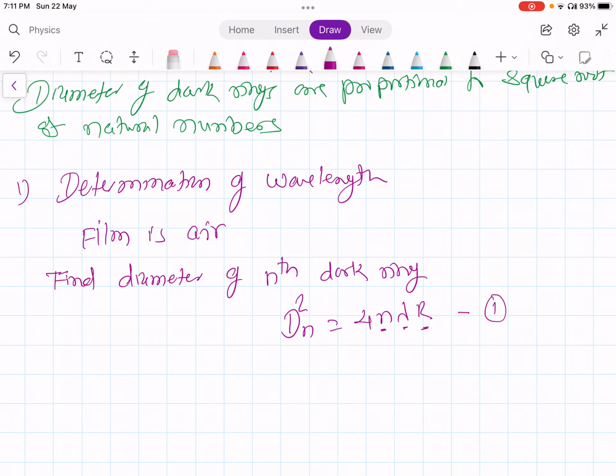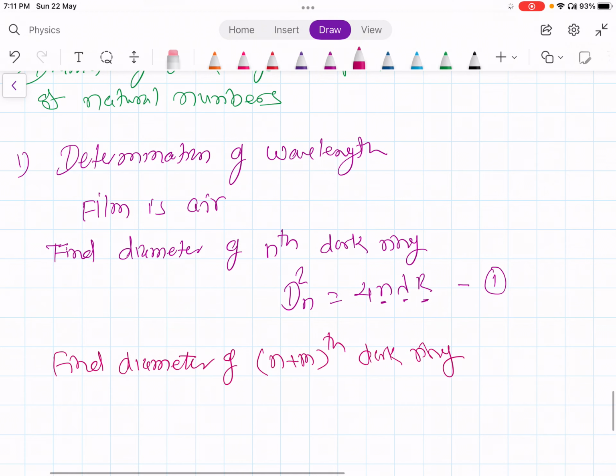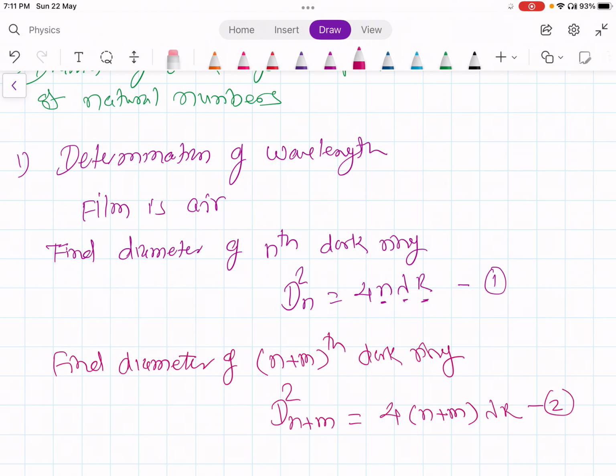So first find the diameter of some nth dark ring. Then find the diameter of the n plus mth dark ring. The equation for that would be diameter square of the n plus mth ring is equal to 4 in bracket n plus m lambda R. And this is equation 2.